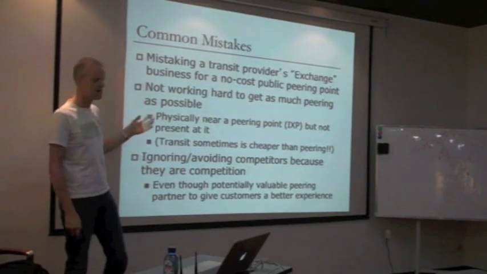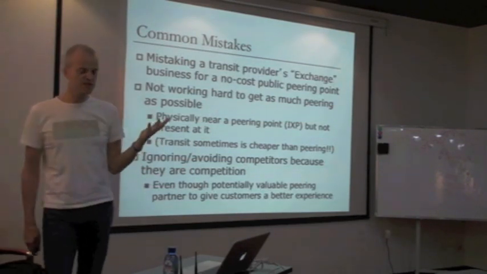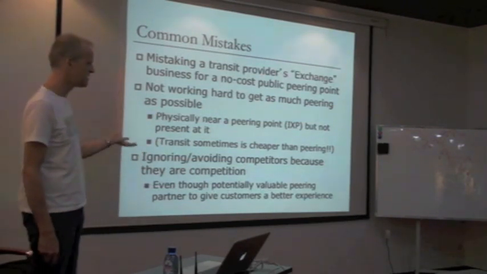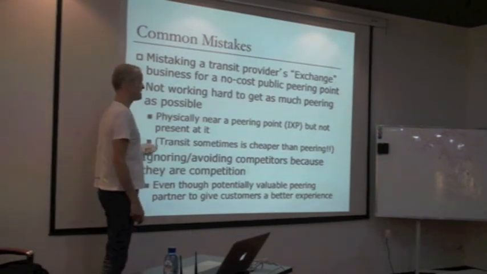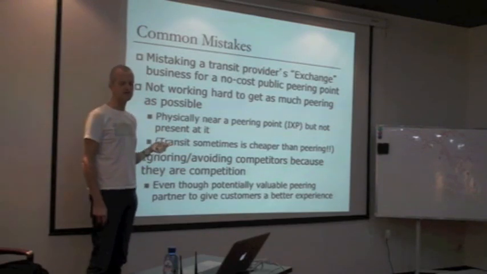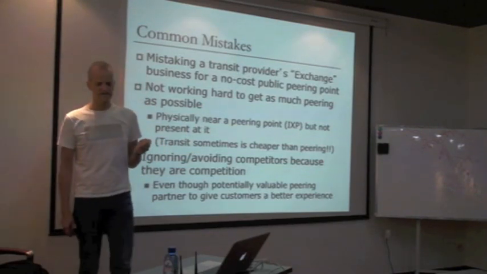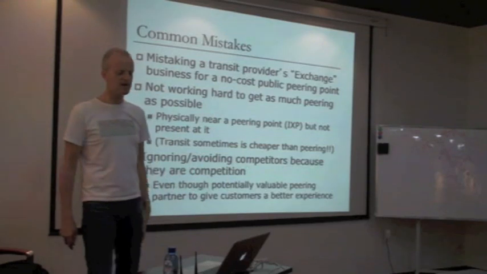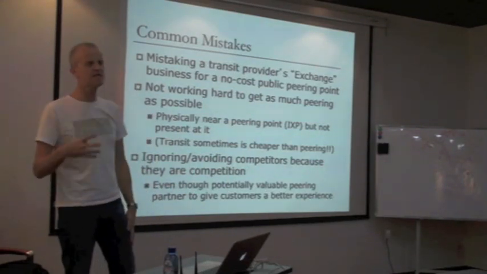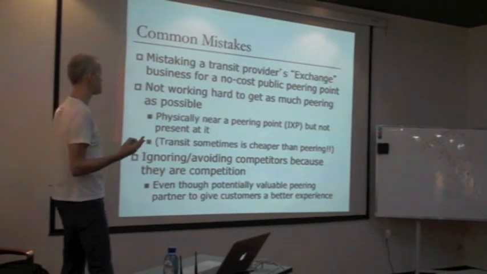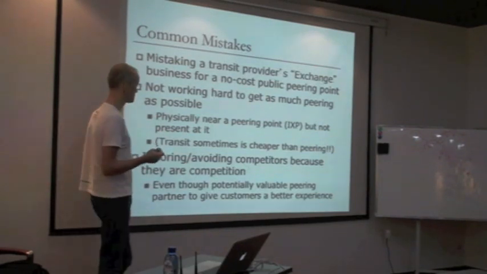I mentioned yesterday, ISPs will, especially from the Middle East, go to Europe, buy transit in London or Frankfurt, and ignore the exchange points that are there. And they say, oh, well, we're happy to pay for all the transit. But if they went to the exchange point, they'd get 50, 60, 70% of the traffic by peering.